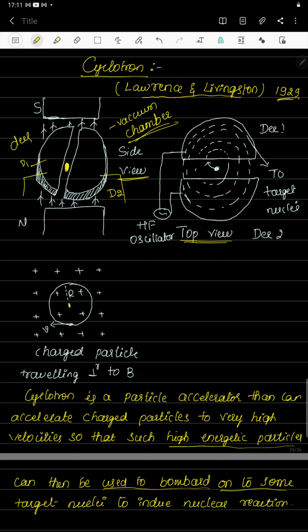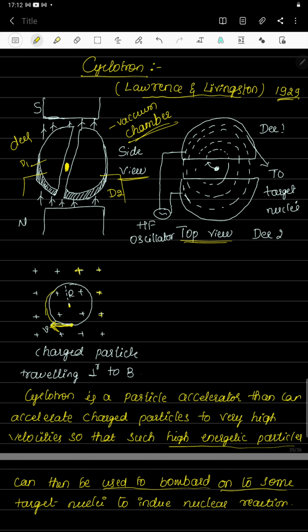Come to this diagram. If this is the charged particle, this represents its velocity, and these are the magnetic field vectors. The crosses mean they are perpendicular, coming outward. If this is the plane containing the Ds, the magnetic field lines are outward, perpendicular to it. If the velocity vector of the charged particle is perpendicular to this, the particle will move in a circular path.